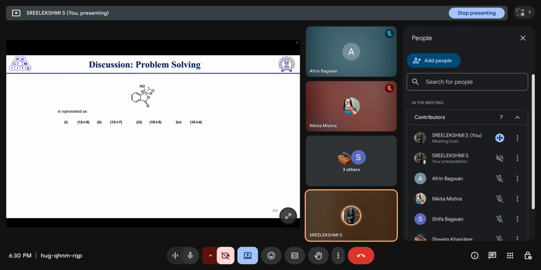So this is basically iodoxybenzoic acid, 2-iodoxybenzoic acid, IBX, which is the oxidizing agent. So here the correct answer is option 4.